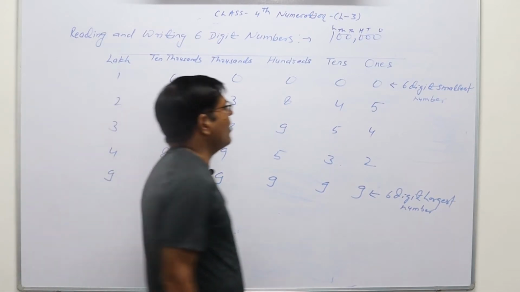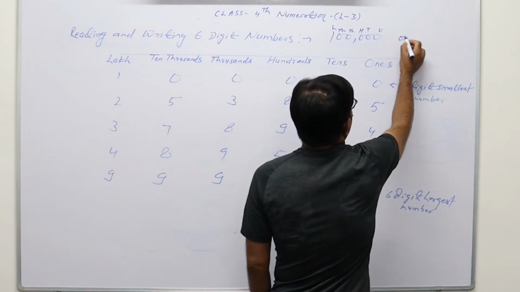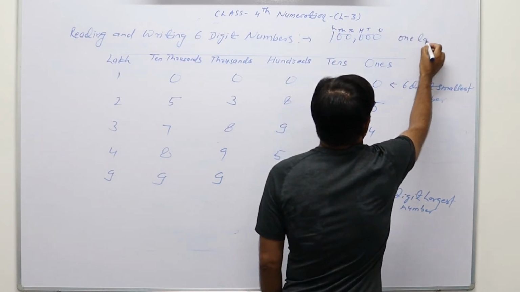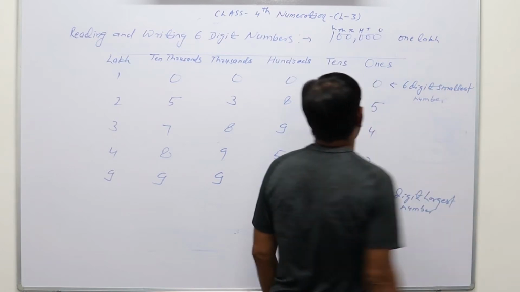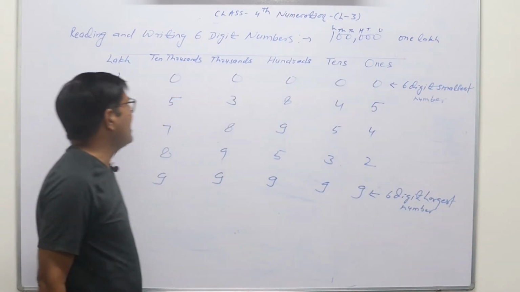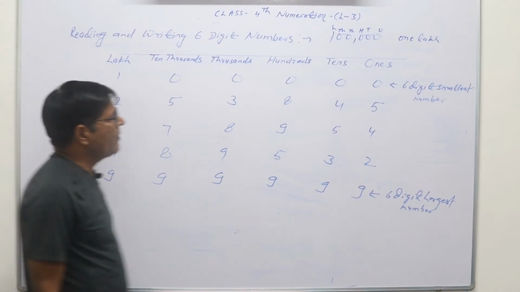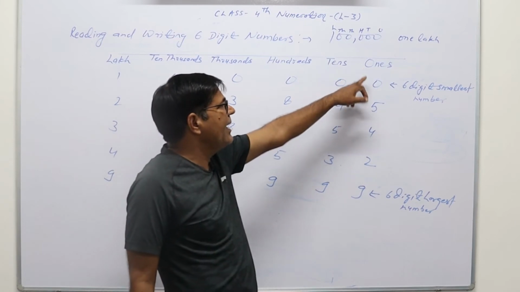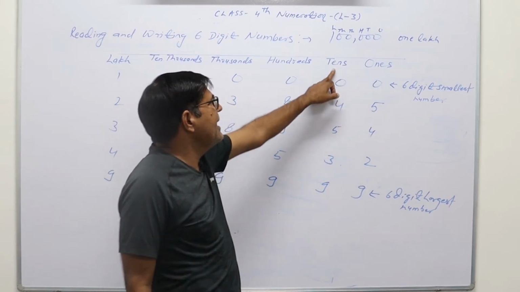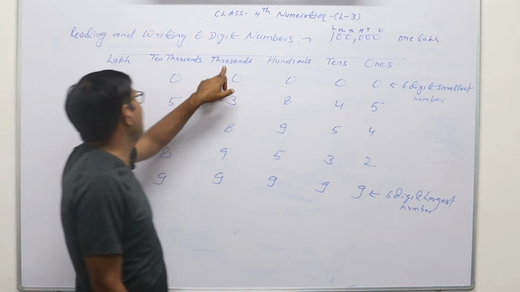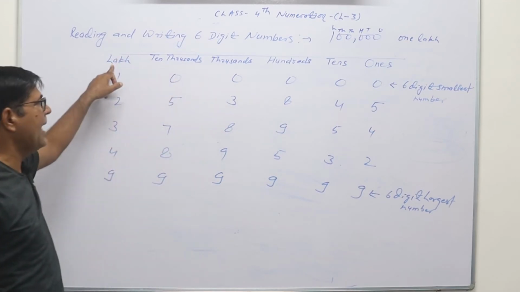So it is read out as 1 lakh. The numbers that start from lakhs, from the right-hand side, we will read ones, tens, 100, 1000, 10,000 and lakh.